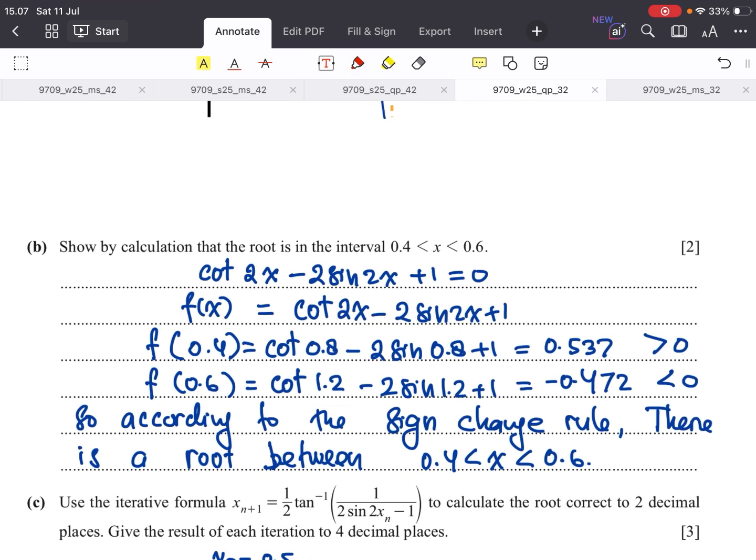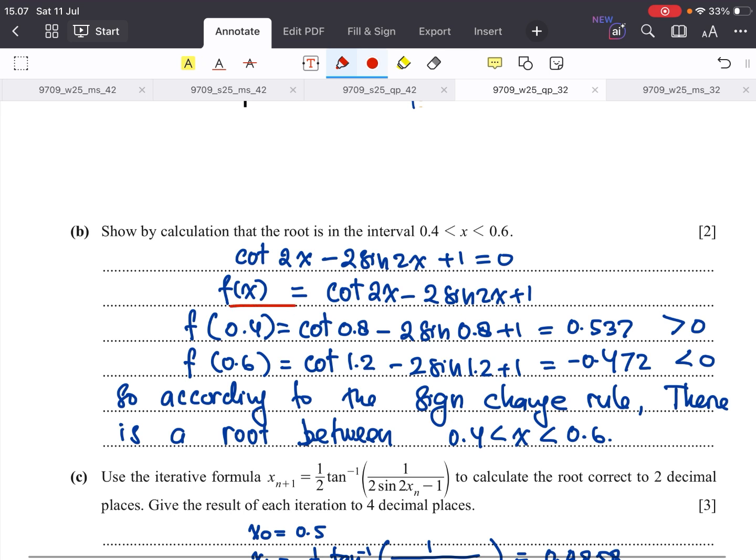So f(x) is cot 2x minus 2 sine 2x plus 1. And then we check the sign when we replace x with 0.4 and when we replace x with 0.6, and check whether there is a sign change or not.